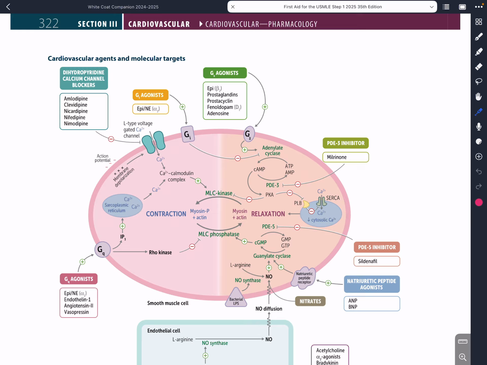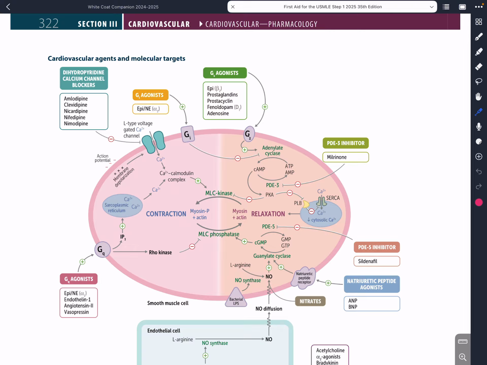Next, Gs agonists are epinephrine, which acts on the beta 2 receptor, prostaglandins, prostacyclin, and fenoldopam, which acts on D1 receptors.